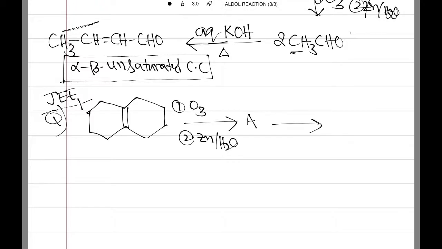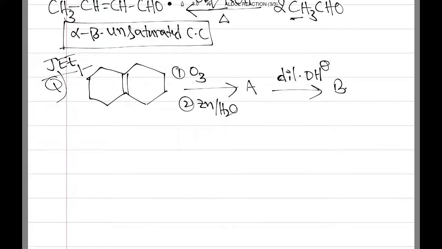After this, it reacts with dilute base, and we can get the B product. What are the A and B products here? We will write the mechanism for this one.